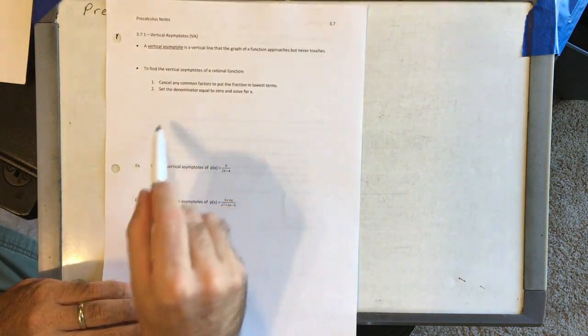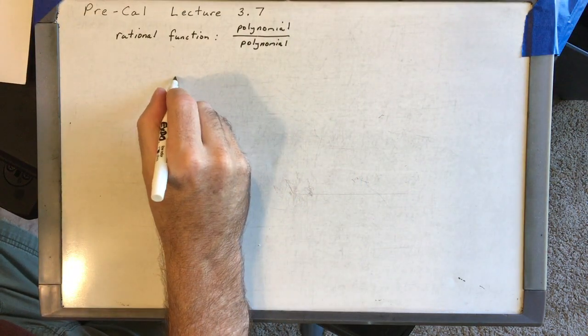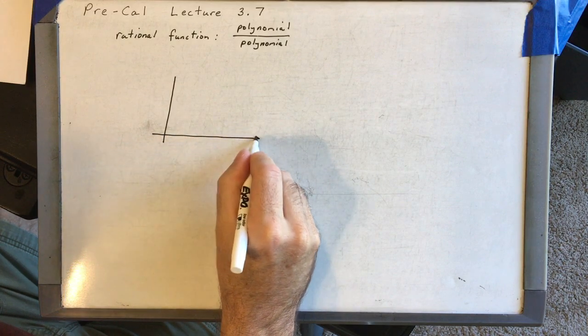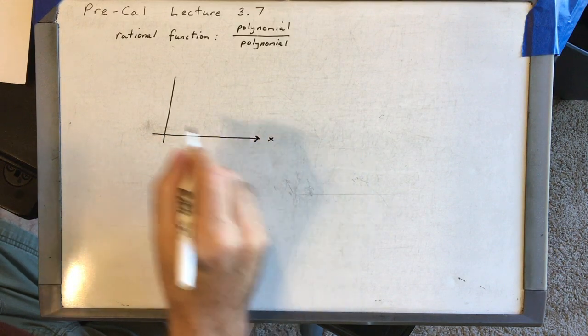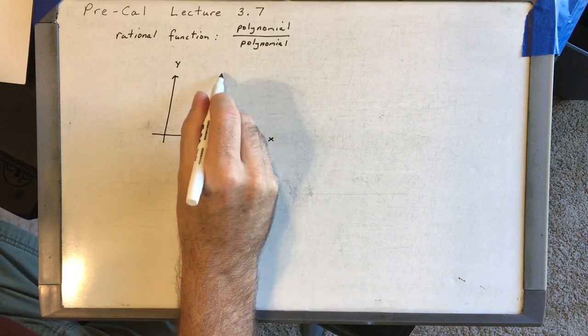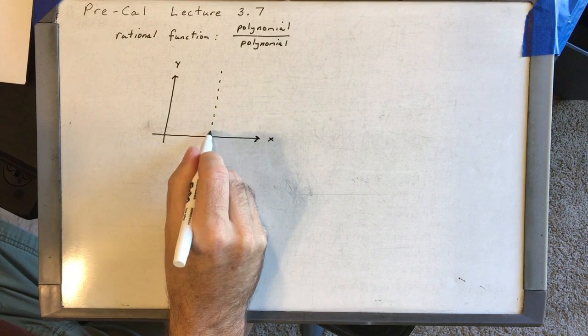So in this section right here, we're gonna draw a graph of a sample vertical asymptote. And the way that you show an asymptote is just with a dash line.